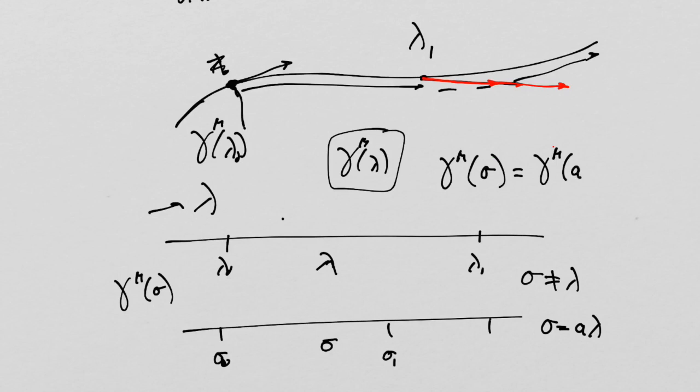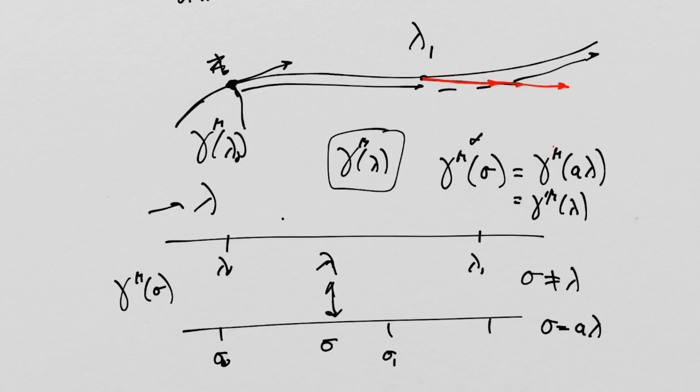And I can somehow pull this a out and call this gamma prime of lambda. But I can also call it gamma of sigma just as well. The point is I'm reparameterizing it with sigma. But sigma and lambda could have any relationship between each other.